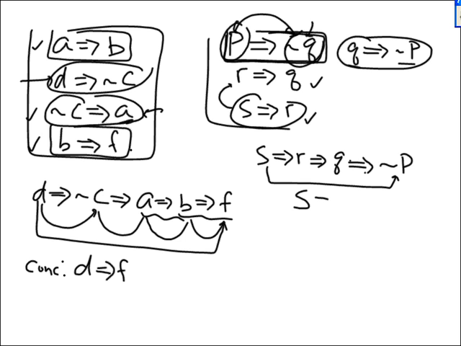Everything links up, and I now know that S implies not P. And if they told you what P, Q, R, and S were, wonderful. So then you would say it in words. But just call the statements P, Q, R, and S.